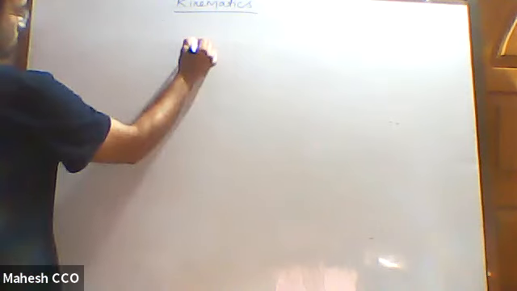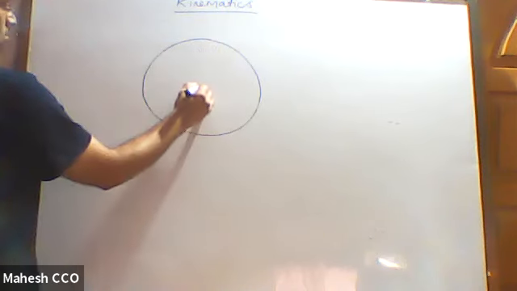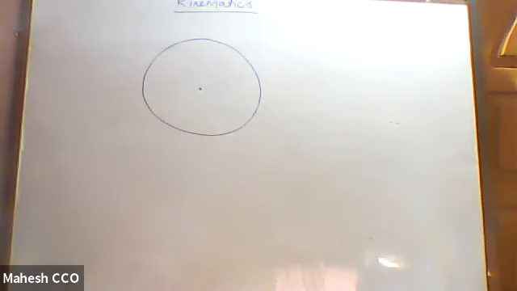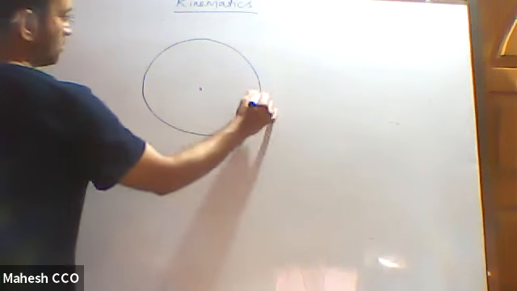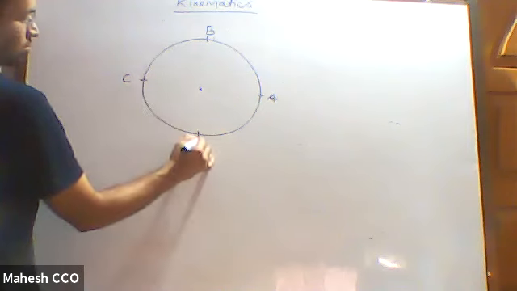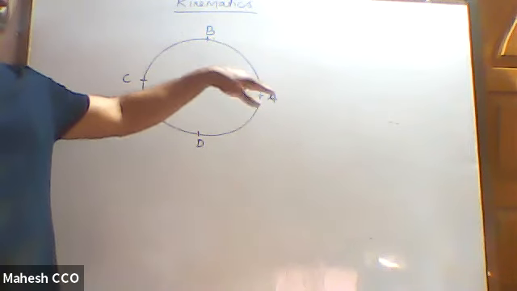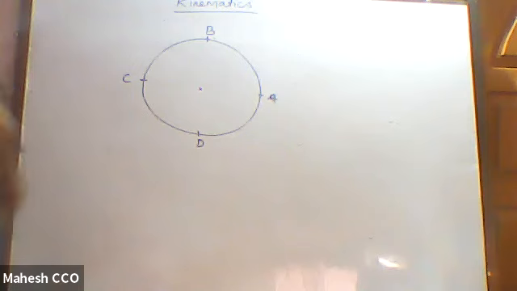So now let us say there is a circle of radius r. On this circle, let me take 4 points A, B, C, D, at 0 angle, 90 angle, 180 angle, and 270 angle.